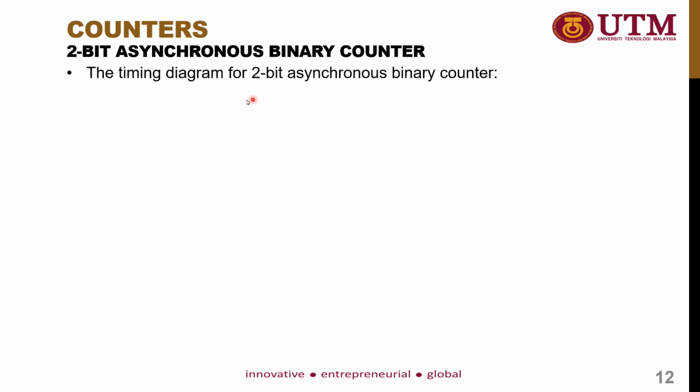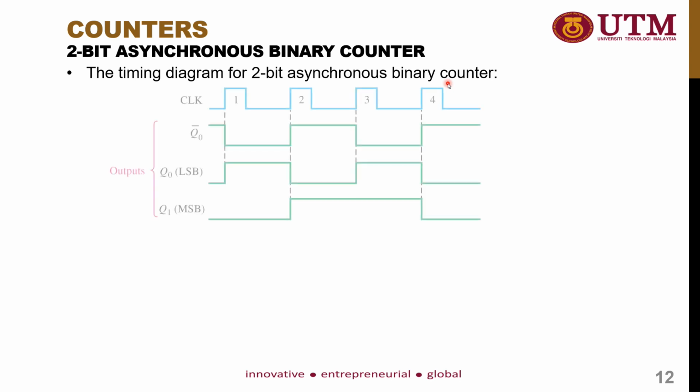Okay, so the timing diagram for the 2-bit asynchronous binary counter is given here. The counter has a clock signal, and if you want to know how the 2-bit asynchronous binary counter works, you need to observe 3 different outputs, which are Q0 bar, Q0, and Q1.